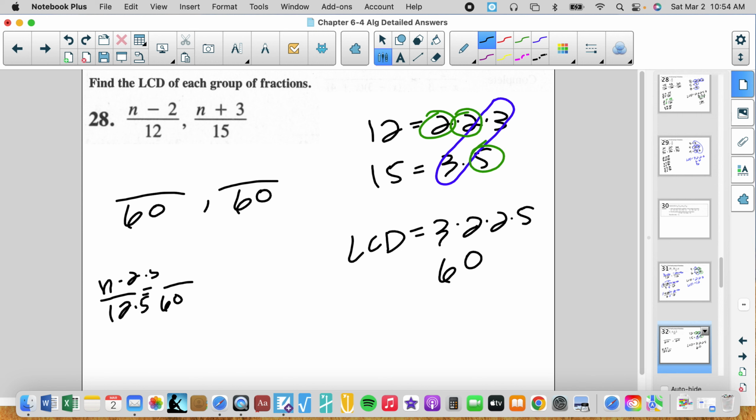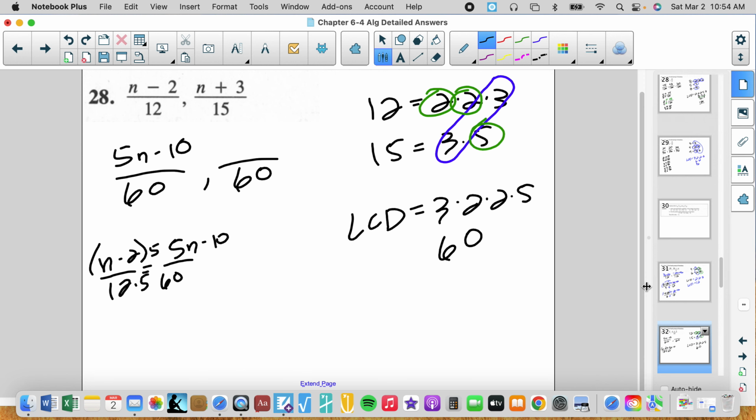That's times 5. We're going to do 5n minus 10. And once we have common denominators, now we can combine their numerators if we were adding or subtracting. (N plus 3) over 15 equals 60. It's going to be times 4, so 4n plus 12.